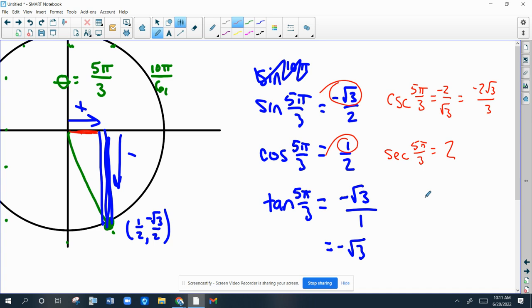And then cotangent, you just flip the tangent, and you're done. So you can simplify that one as well. And that's it. We will do another one in the next video.